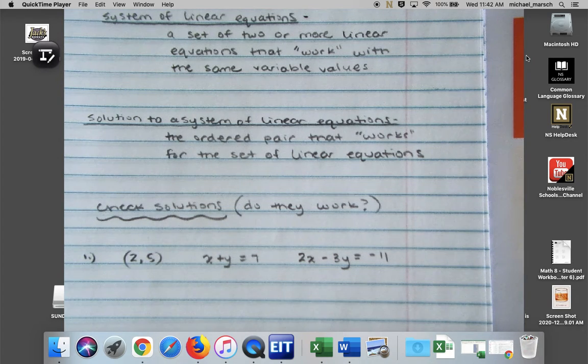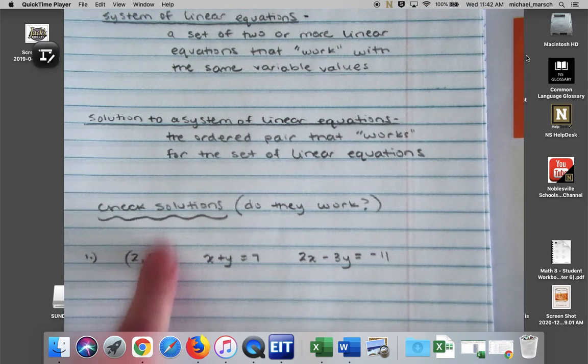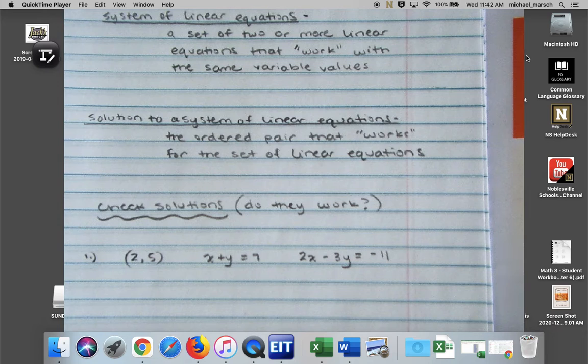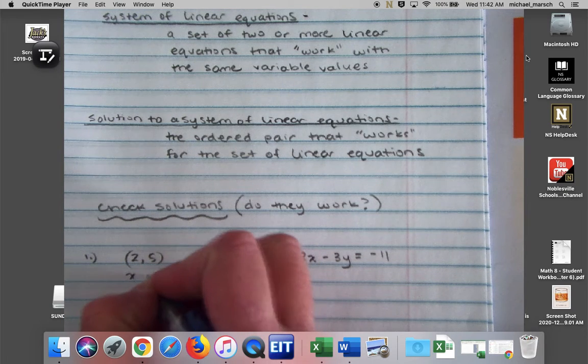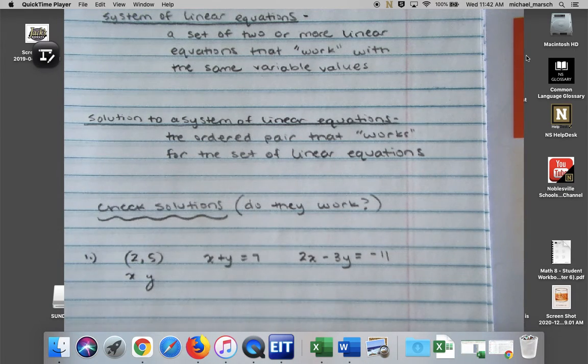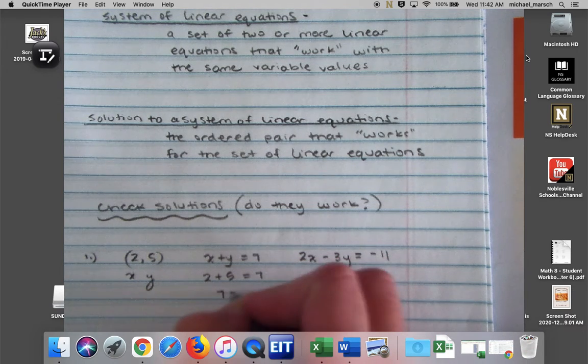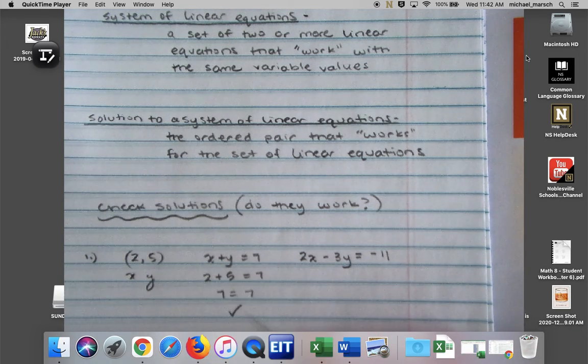How can I determine if this ordered pair works for both of these equations? You substitute them, right? Remember, the 2 is our x value and the 5 is our y value. So we're going to do 2 plus 5. That one works, but you have to make sure it works for both. In order for it to be a solution, it has to work for the entire system.